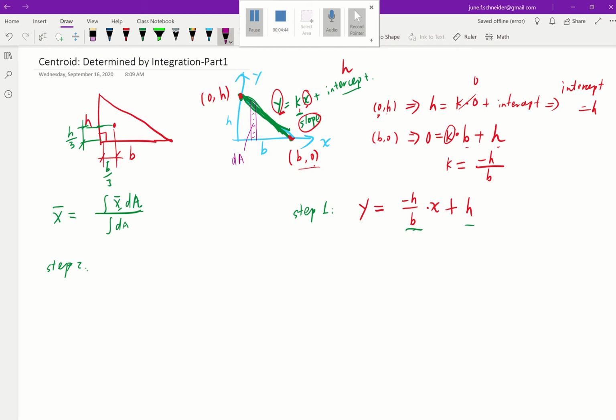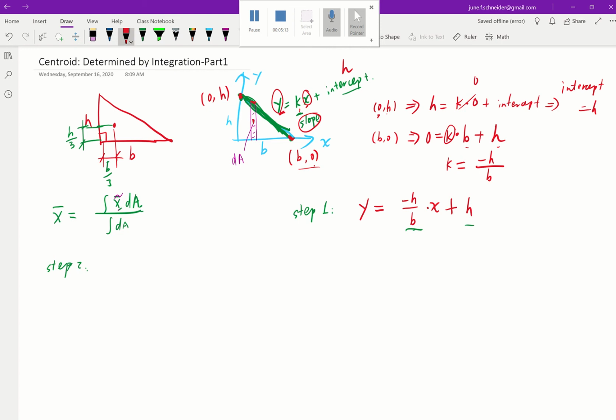That's the area. Then the x tilde right here is going to be the centroid of this dA, this purple rectangle. You know, a rectangle's centroid is right in the middle, right? You may argue this is not a rectangle since it's slanted, but we're looking at a differential element, so it's very small. When you divide it up so small, it can be considered a rectangle.